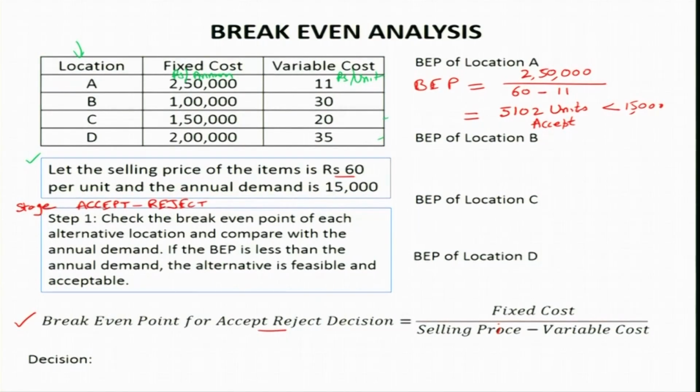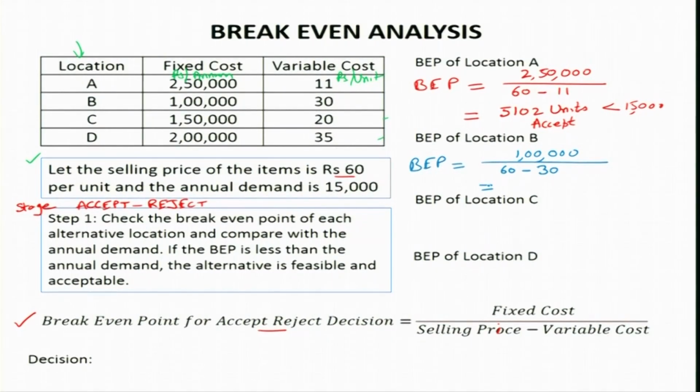Now, similarly, let us see location B. The break even point is equal to, what is the fixed cost? 1 lakh. What is the selling price? 60 rupees for all, because we are going to produce the same type of product. So, the selling price will be constant, minus the variable cost, that is rupees 30.